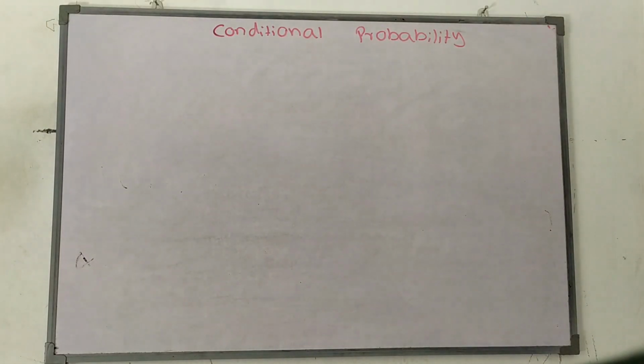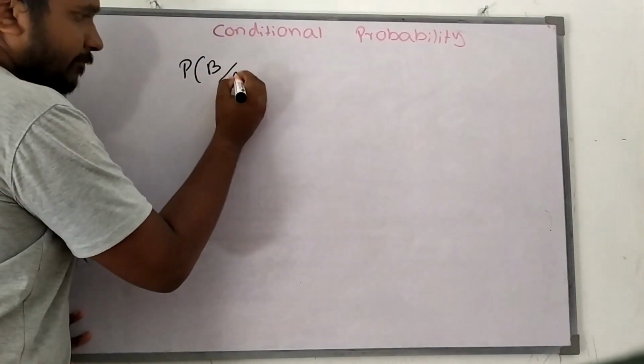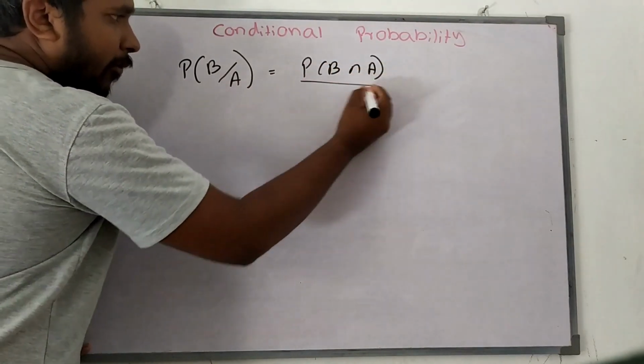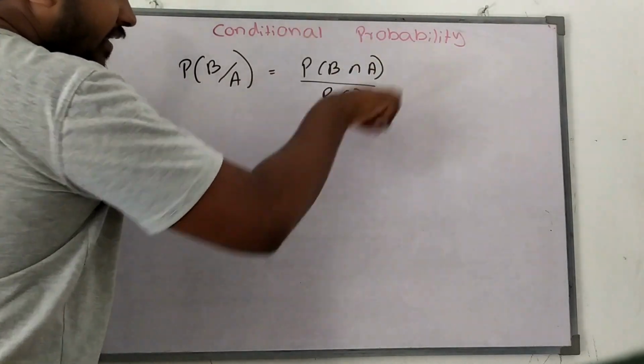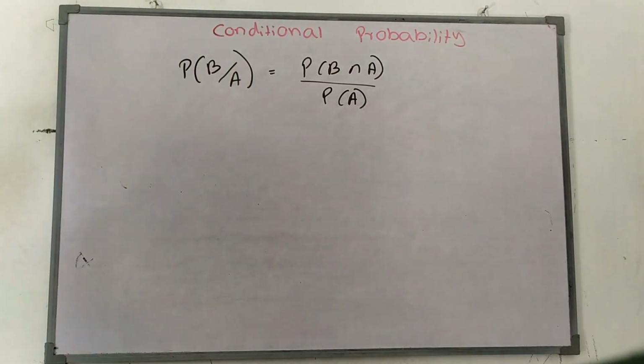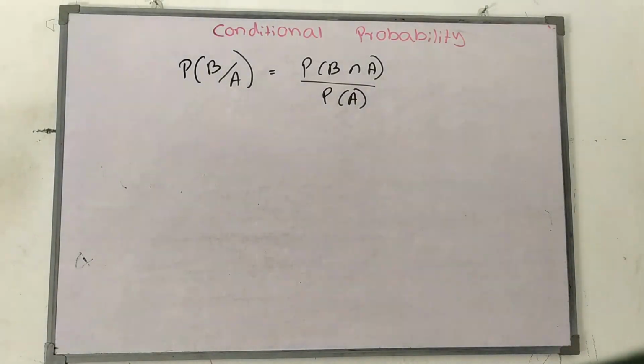The equation of the conditional probability is P(B|A) equals P(B intersection A) over P(A). A has already occurred, so we are just considering the occurrence of event B, right? Okay.